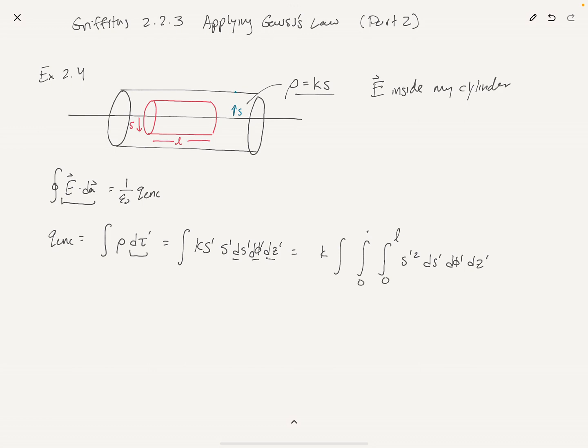Phi is going to go from 0 to 2 pi, and s prime is going to go from 0 to s. That's where I've arbitrarily drawn my Gaussian surface to end. And specifically, it's asking for inside of a cylinder, so I know that my Gaussian cylinder will always be inside of my physical cylinder. So I do that. The phi gives me a 2 pi, the z gives me an L, 2 pi L k, and I'm left with one third s cubed. That looks about right.